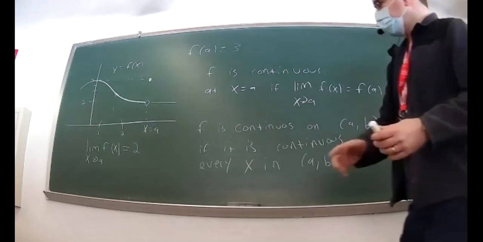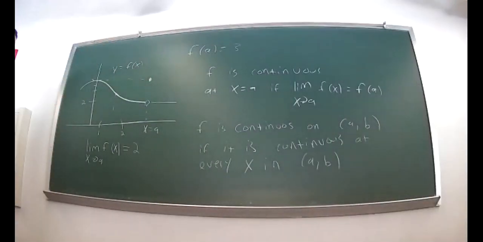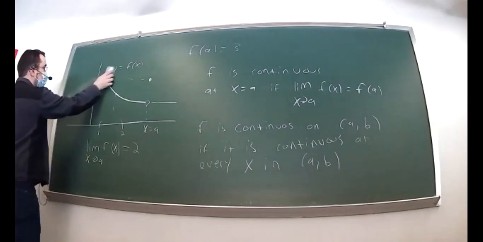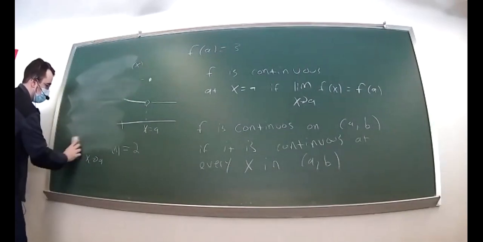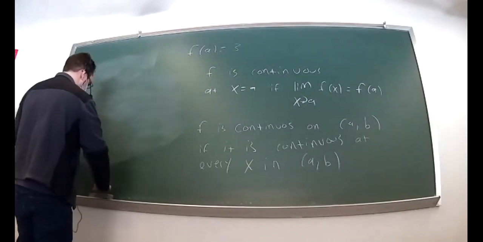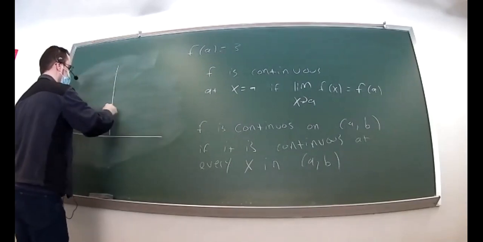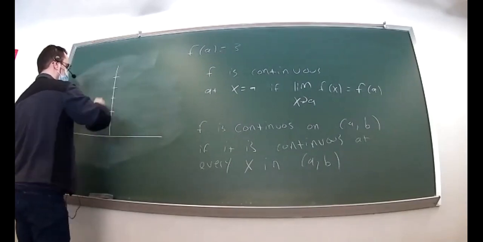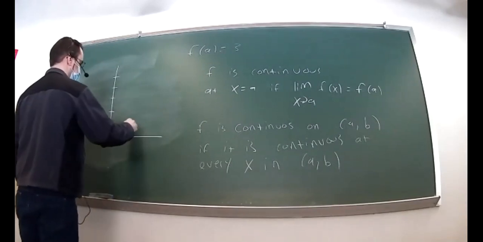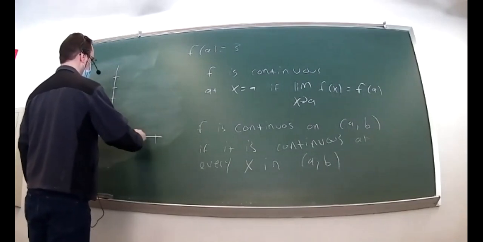Okay, so I'll move on to another concept. Similar to the idea of being continuous, let me draw you another schematic picture. So let's take a function that does something like this.